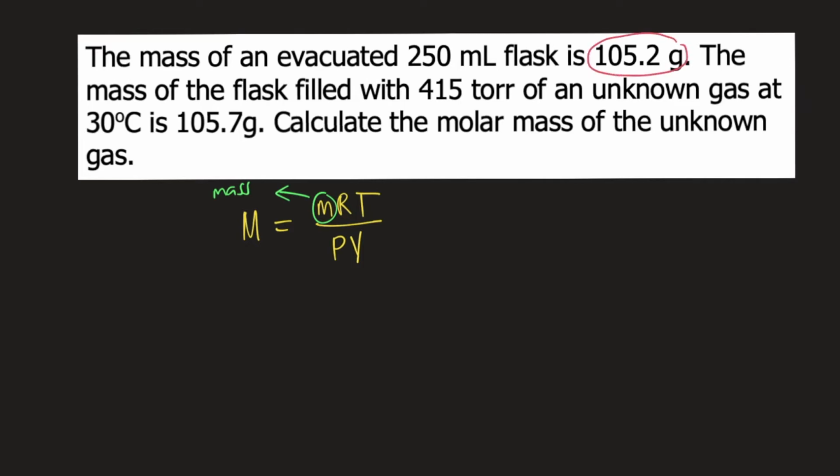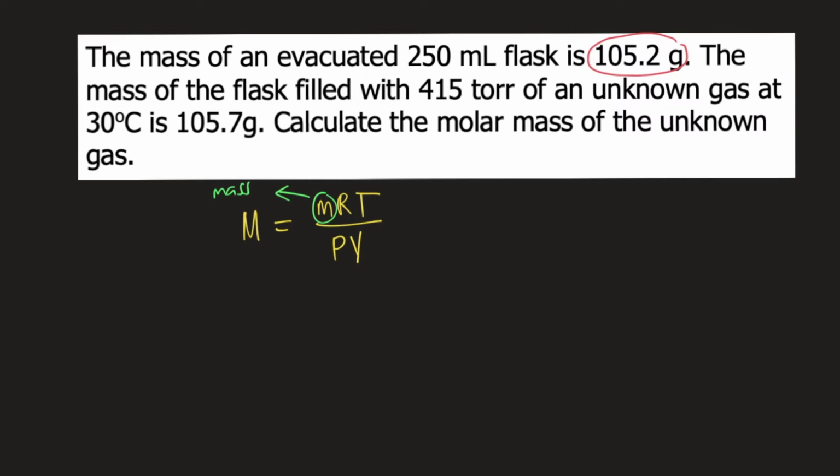When you say evacuated flask, that means a flask that contains nothing, not even gas particles, not even air. So that's an empty flask and its mass is 105.2 grams. When you fill the empty flask with unknown gas, its mass becomes 105.7 grams.